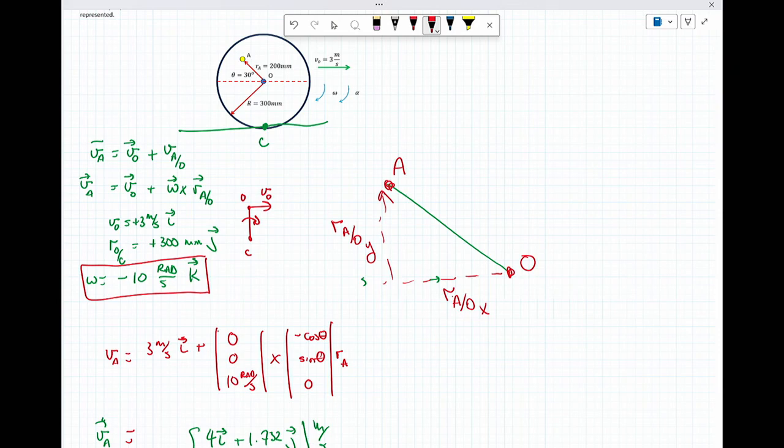So I was given in this problem that R_A is equal to 200 millimeters. And if I know that, and I know what my coordinate directions are, and again, coordinate directions with vector solutions have to be defined. Really not a good idea to solve these too quickly. And one thing that you'll notice is that this is A with respect to O, which means that the y direction is in the positive sense, but the x direction is negative.